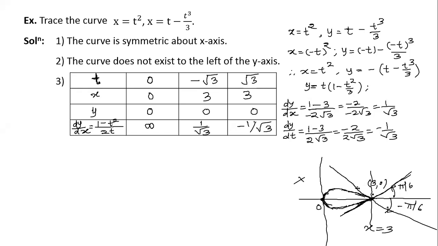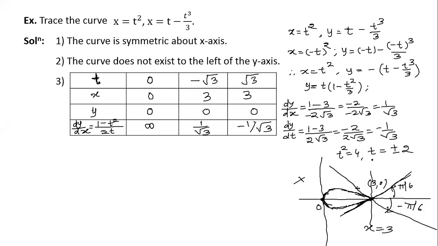Now the question is, does the curve exist to the right of x equal to 3? So let us just try to put x equal to 4 somewhere. X equal to 4, and we know x equal to 4 means t square equal to 4, that means t equal to plus 2 or minus 2. And accordingly, if t equal to 2, you can find the value of y by the relation t minus t cube by 3.